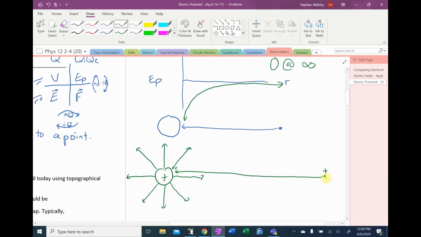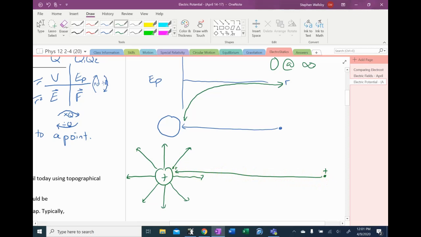Well, we're going to have to do work because we know the positives are going to repel. So if I want to take this charge and bring it closer, I'm going to have to be applying a force over this distance, so I'm going to have to do work. And so when I push this towards here, it's kind of like lifting it up a hill. It's going to get more and more potential energy as it gets closer and closer to here.